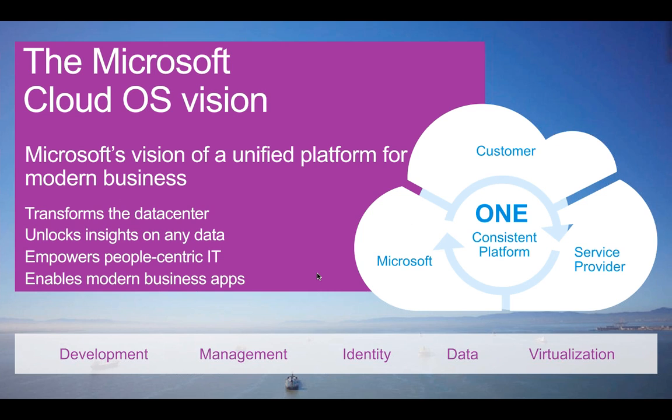And how do you effectively manage these devices apart from your laptops, desktops, tablets and cell phones? That is where solutions like Windows Intune come into the picture, and that's another dimension of how Microsoft is looking at empowering people-centric IT.